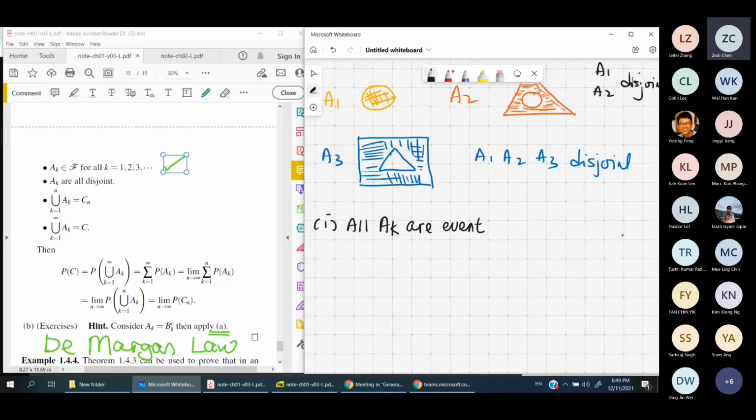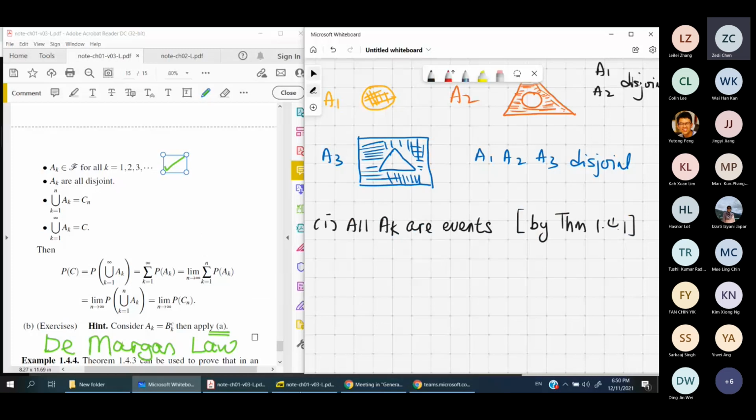Okay, so this is straightforward. We can get this directly by the previous theorems, 1.4.1. So we got it right.